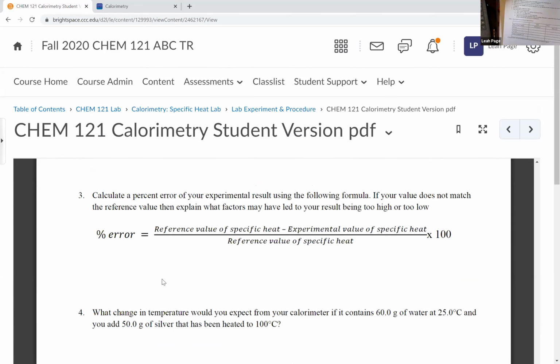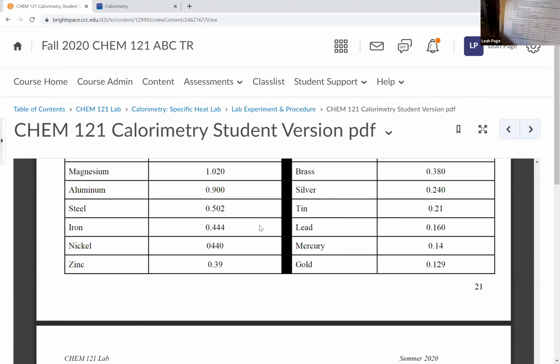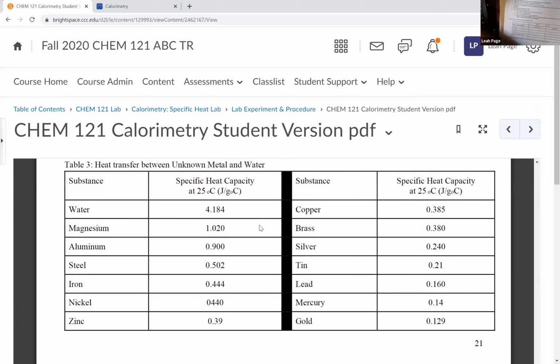When you get here that says calculate a percent error, calculating the percent error for number 3 here, you're going to use this formula, which says reference value of specific heat. The reference value of the specific heat is from this table. This is the reference value. Okay, so let's say you think your unknown metal is iron.